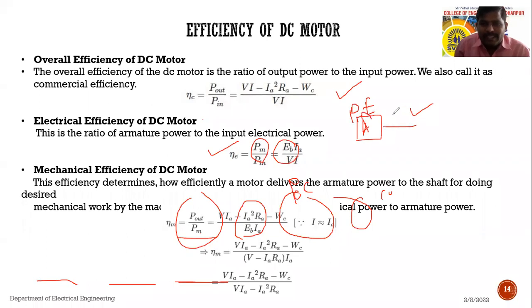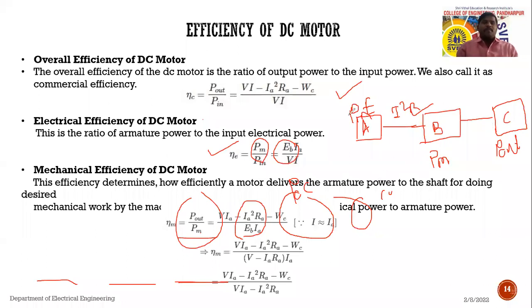After that there is the copper loss, that is the I square R loss. Stage B of the power is the mechanical power developed in the armature, which we can call Pm. After that we get the actual output of the motor, P out, which is power stage C.